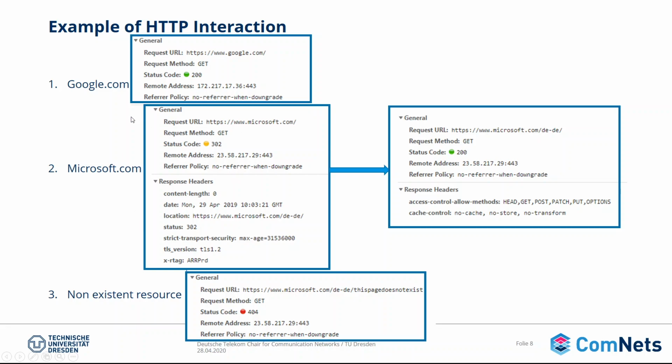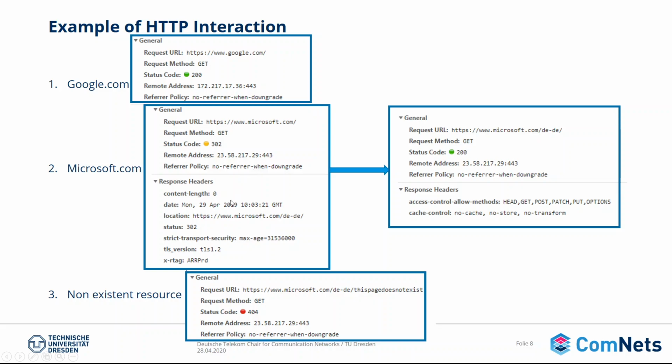Now, the second example is the same get command with Microsoft.com, but since we're in Germany, we might get redirected to the German website of Microsoft. So here you have the redirection code. The remote address here is this specific IP address and this specific port number, right?